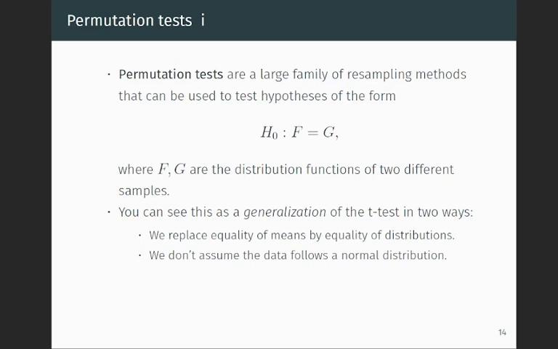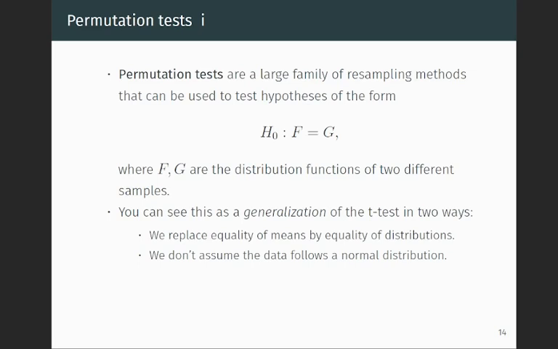Permutation tests are a very large family of resampling methods that can be used to test hypotheses of the following form. H0 here is going to be f equals g, where f and g are distribution functions of two different samples. So the null hypothesis will be that we have two samples and that they come from the same distribution. So it's a hypothesis on the whole distribution here.